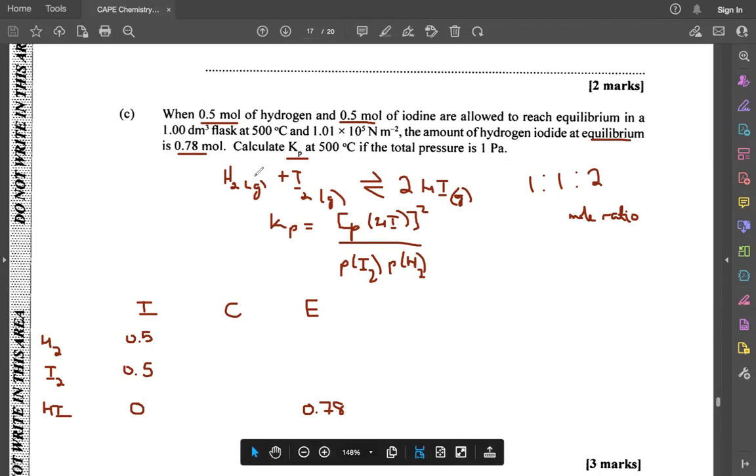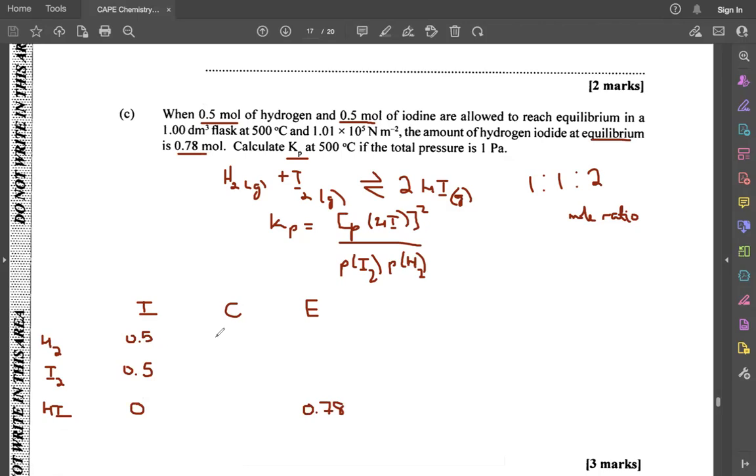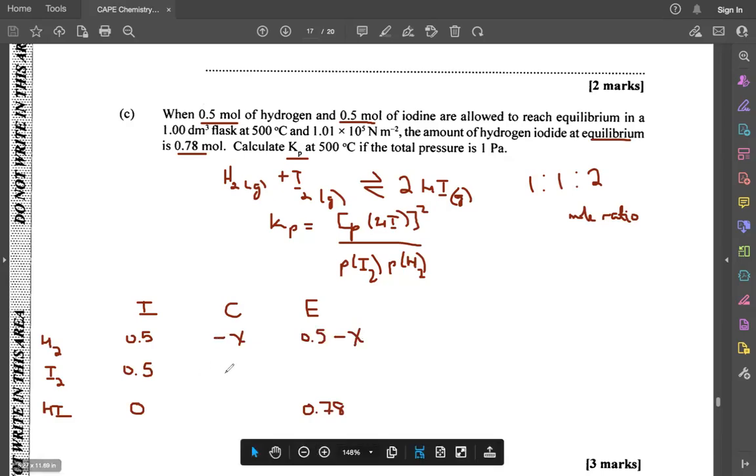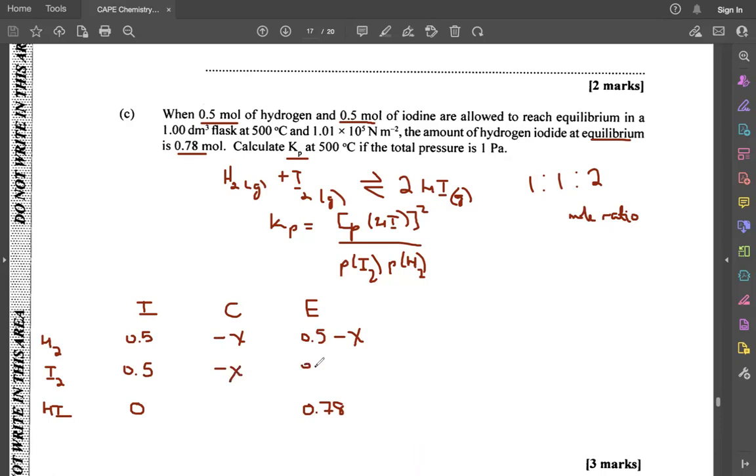Based on this 1 to 1 to 2 mole ratio, we know that over the course of the reaction, X moles of H2 will be used up. So at equilibrium we will have 0.5 minus X. For I2 it's the same, a 1 to 1 ratio, so we have 0.5, whatever we started with, minus what it changed by.